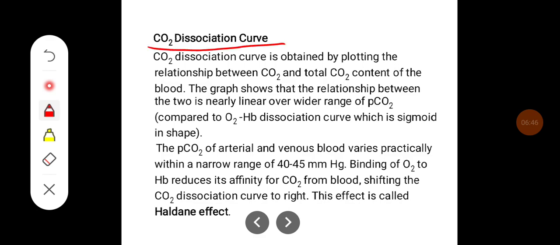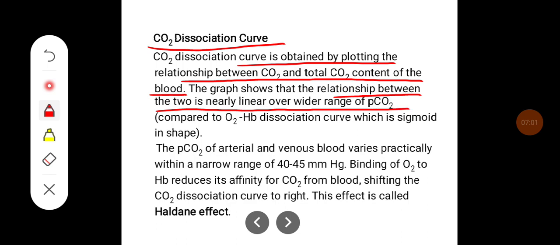Carbon dioxide dissociation curve. The carbon dioxide dissociation curve is obtained by plotting the relationship between PCO2 and total carbon dioxide content of the blood. The graph shows that the relationship between the two is nearly linear over a wide range of PCO2, compared to the oxygen hemoglobin dissociation curve, which is sigmoid in shape.